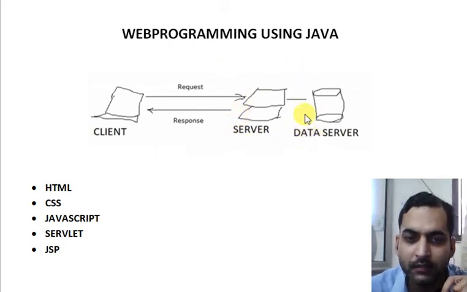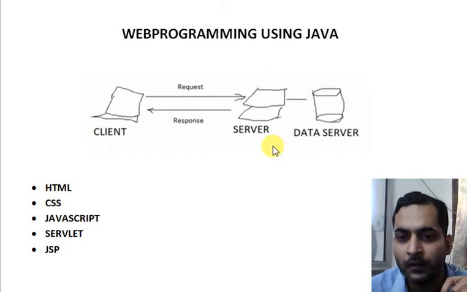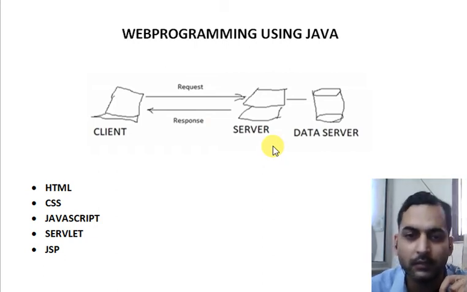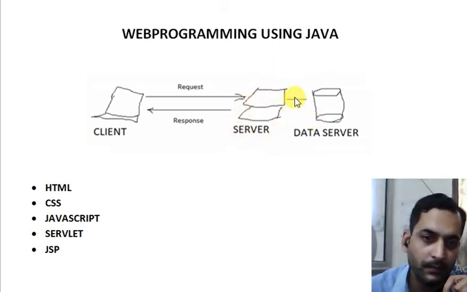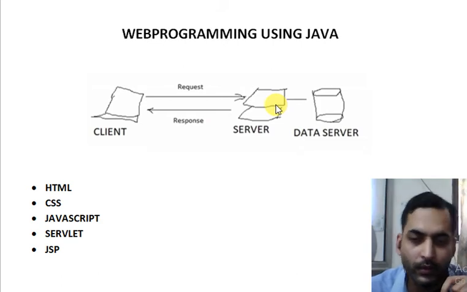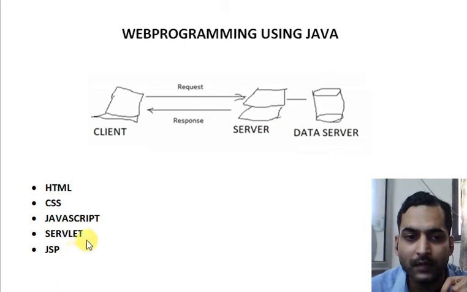In that case, it functions as a file server, like it is requested for some static page and it simply returns that page. It does not perform anything on its own. For doing some computation, it needs a helper application.